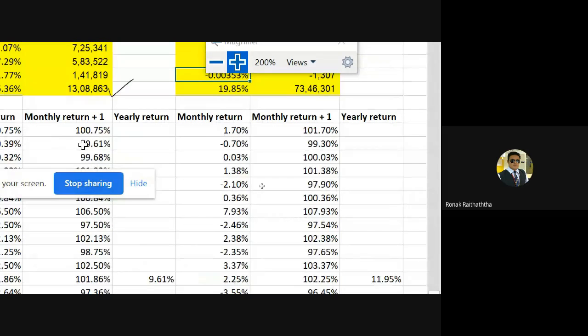Okay, but if I ask you now, this is just using the standard normal distribution. But if I ask you a very specific question, what is the maximum loss I can make at 95% of the confidence?